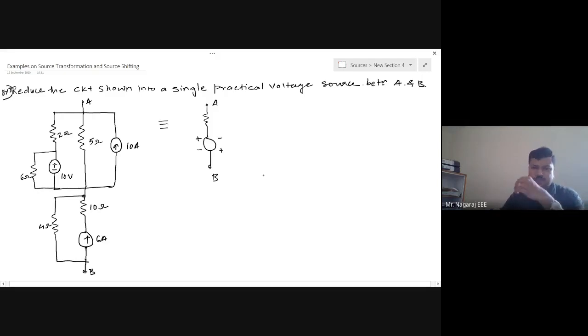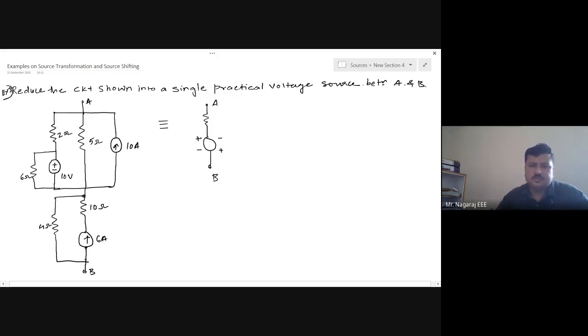I don't know yet what comes at the end. Either plus can be up and minus down, or minus up and plus down. Any of these two possibilities will come out. So I have to reduce this entire network into this equivalent source.